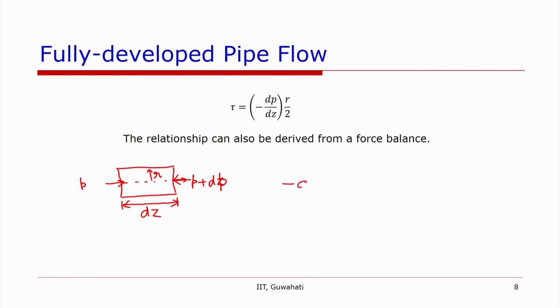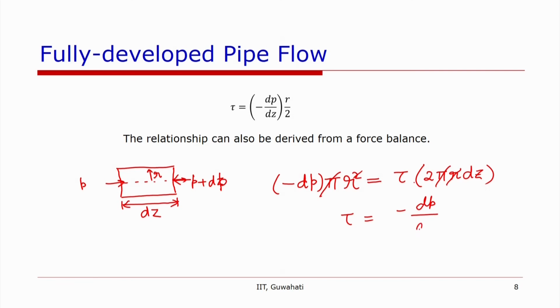So minus dP into pi r square is equal to tau into 2 pi r dz. So pi cancels out, r cancels out, and tau is equal to minus dp by dz r by 2.